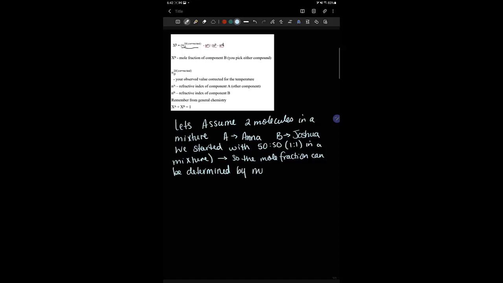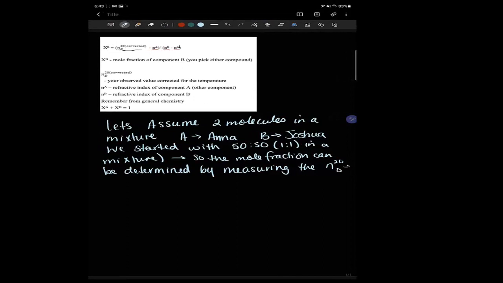And then from there, we're going to determine the mole fraction by using the equation. So we need to have your refractive index value, and that refractive index value is going to be the one that you measured at 20 degrees Celsius.